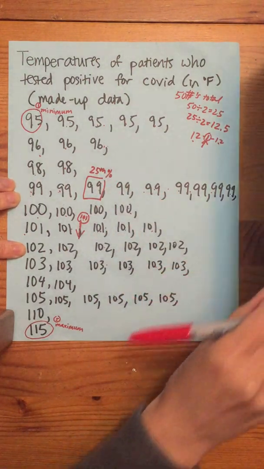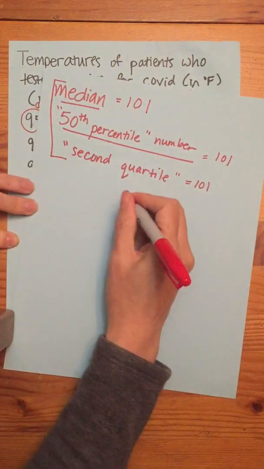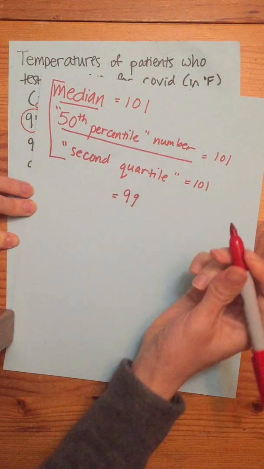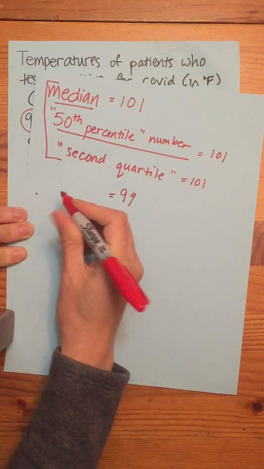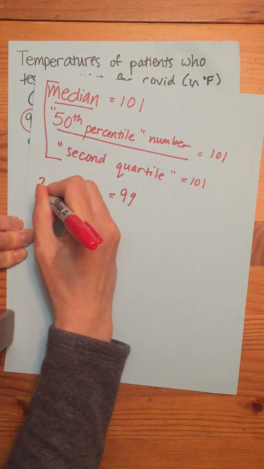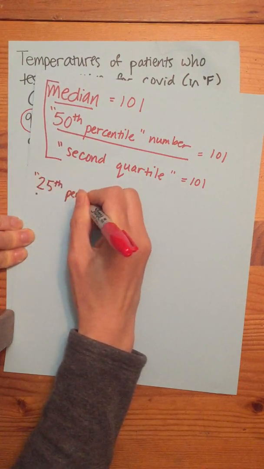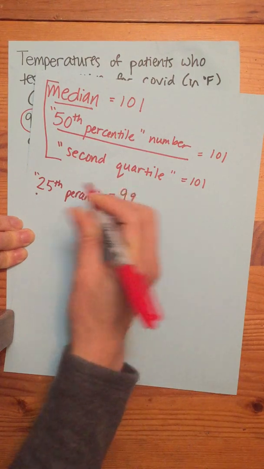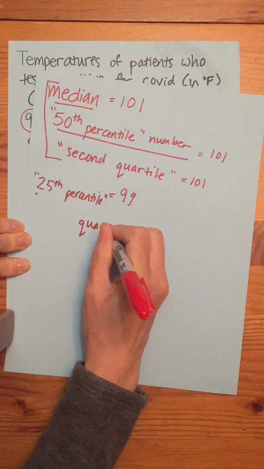We call that number, which was 99. See if you can remember what I called it just a second ago. We call it the 25th percentile number. We also call it, which quartile do you think this is going to be?